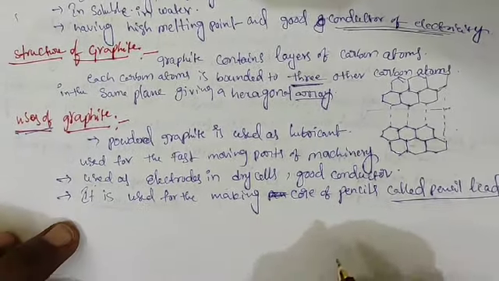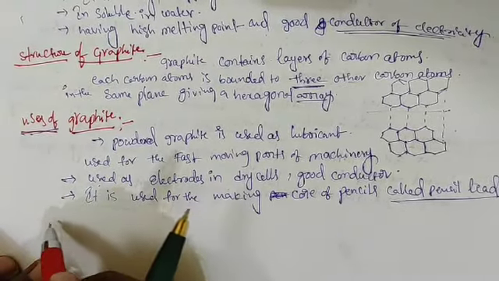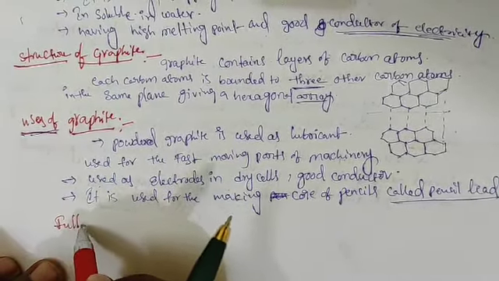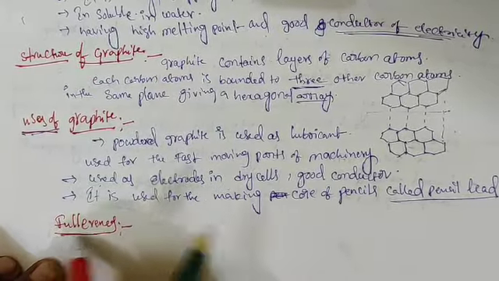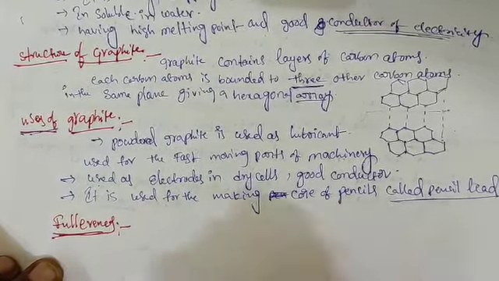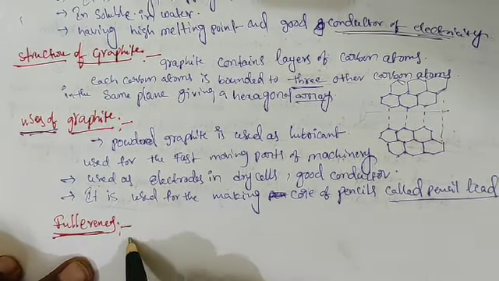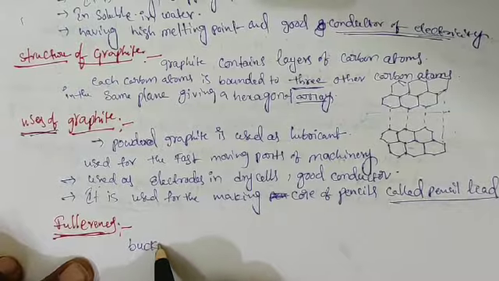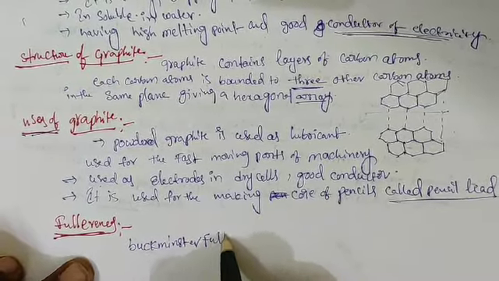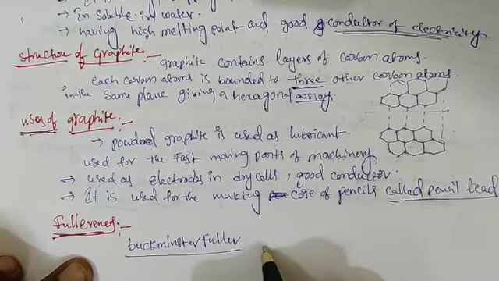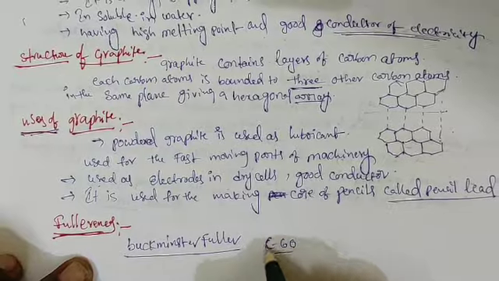Next, fullerenes also is there, that we will discuss only 1 or 2 points. Fullerenes were introduced in 2004. Who introduced them? The scientist's name is Buckminster Fuller. He introduced this one, carbon 60, C60.